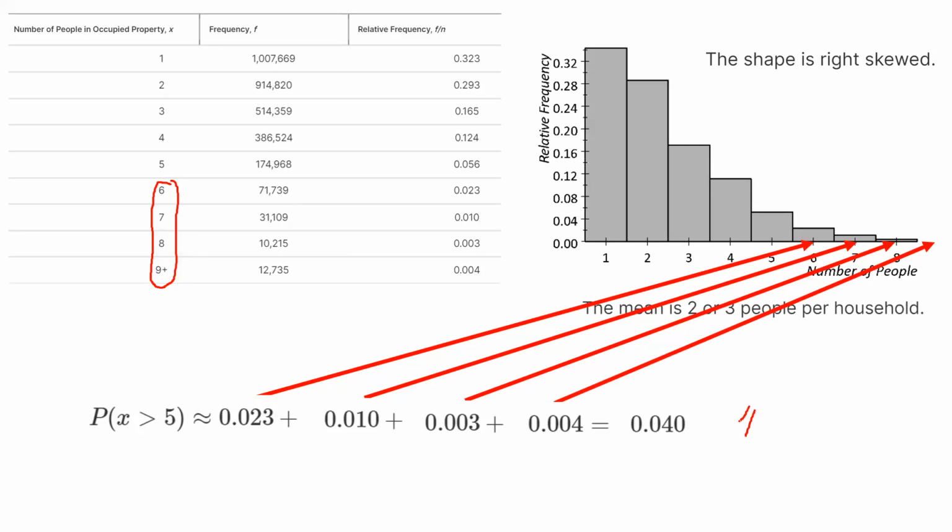So what's the meaning of that? It means that if I randomly select one of these properties and ask, how many residents do you have? And if I'm looking at 6, 7, 8, or more than 9, I only have a 4% chance. So that's how we calculate the probability for a discrete random variable.